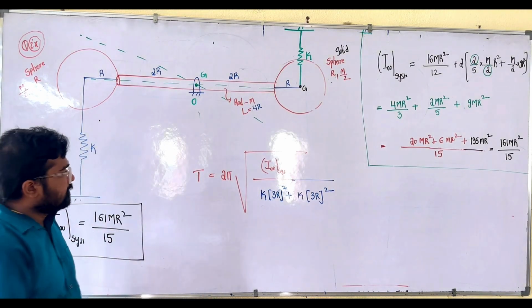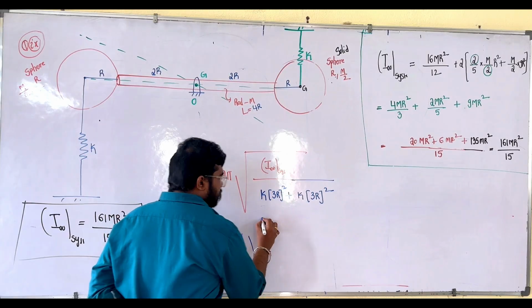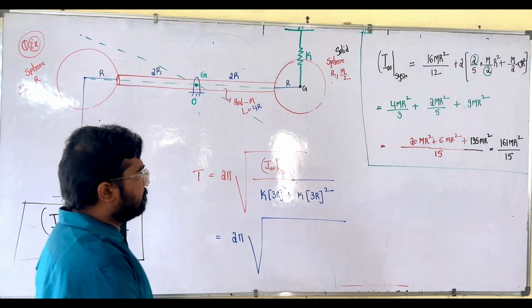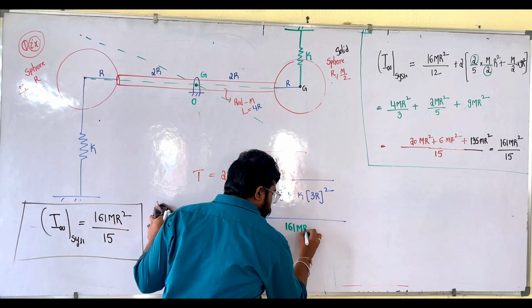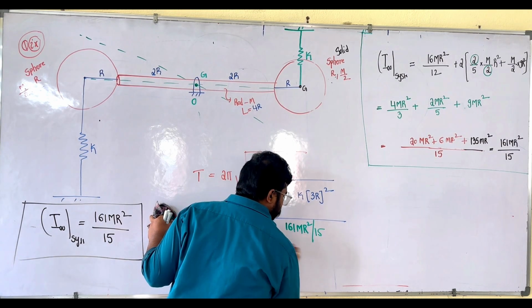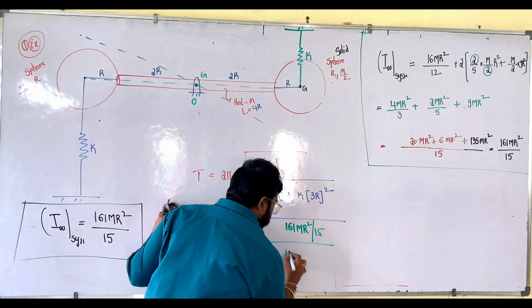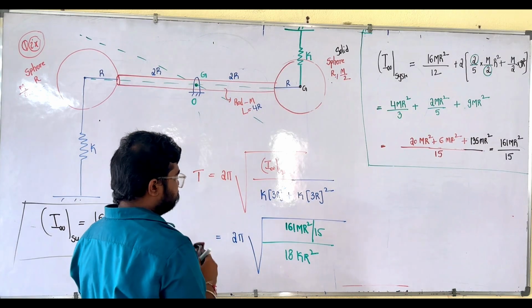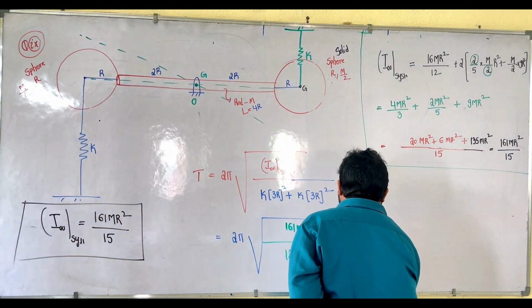Are you following? Next write down 2 pi square root of 161 mr squared by 15 divided by 18 kr squared.